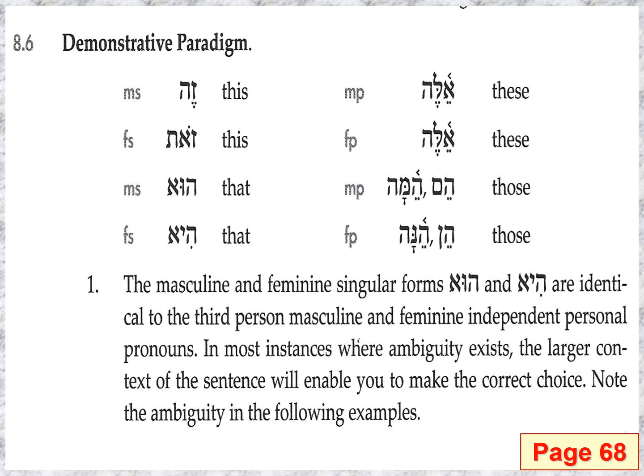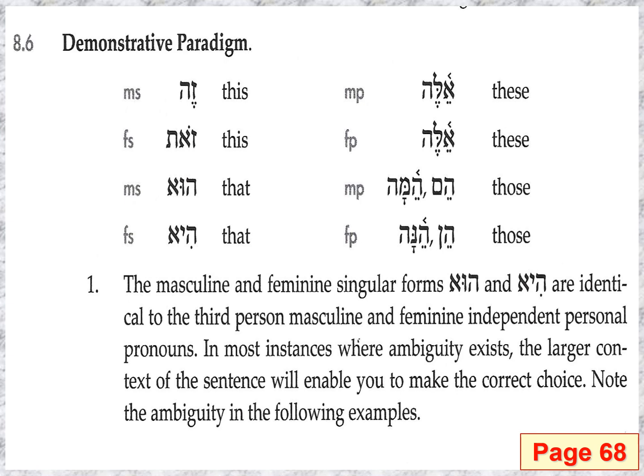So el, and then the next syllable is a lamed segol he. Elle, elle. And unfortunately, you don't have to learn a new vocab, but you have to realize that it can be masculine plural or feminine plural, and context will determine whether the item being discussed is feminine or masculine. So again, elle.